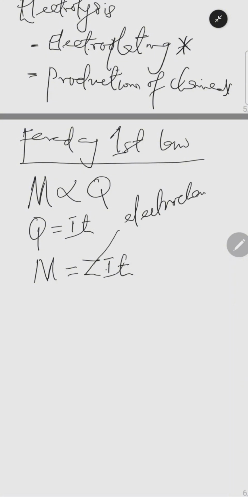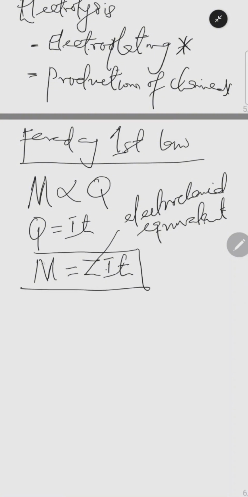So this is one of the formulas we use in electrolysis to calculate the mass of a metal deposited when a particular amount of current is passed into the electrolyte for a particular time.